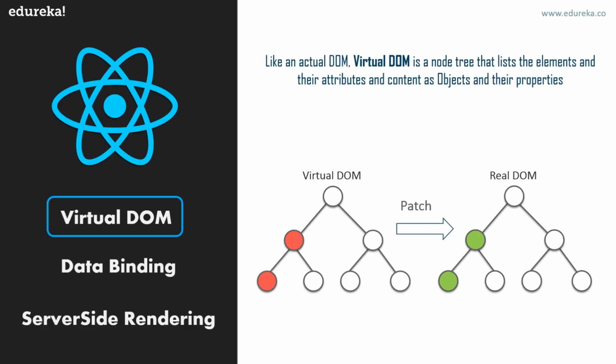So in summary, what happens when you try to update the DOM in React? The complete virtual DOM gets updated. The virtual DOM gets compared to what it looked like before you updated it. And then it reflects the changes on the real DOM, which causes the screen to change. That is the concept of a virtual DOM.